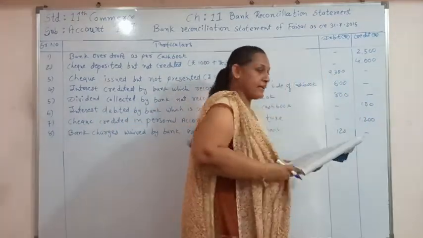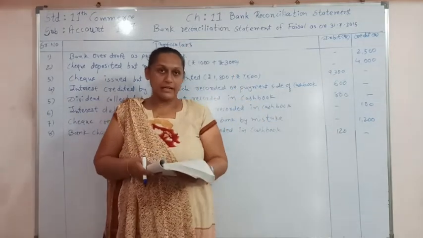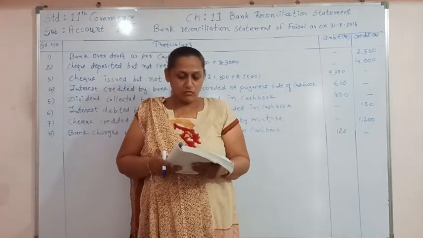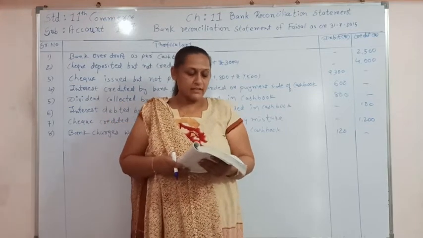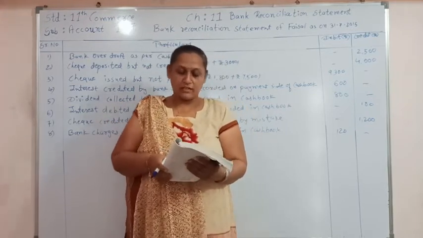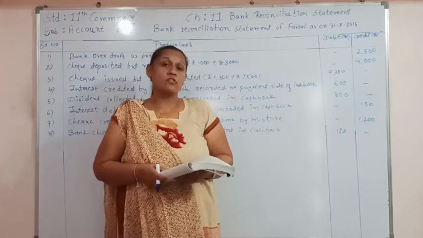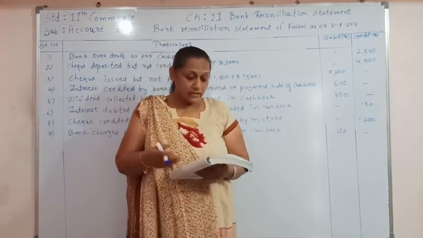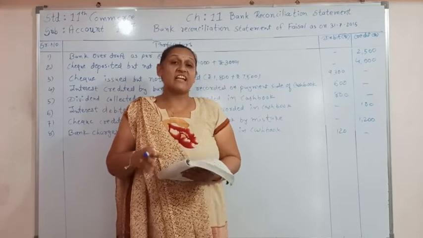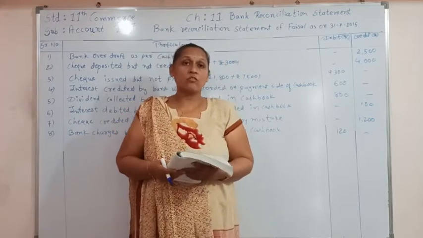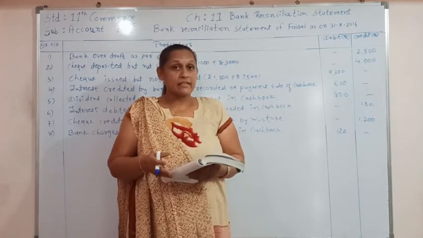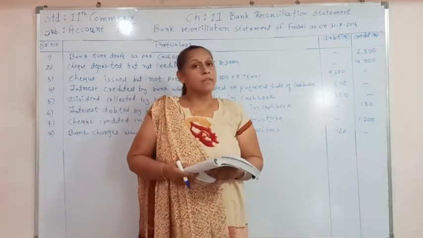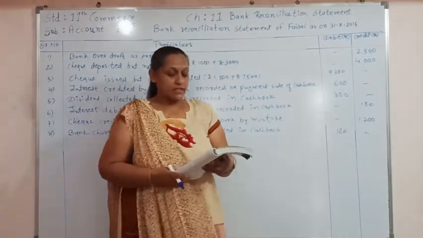Now let's see transaction number 9. Check of rupees 3000 drawn but signature on the same is forgotten and check is returned by bank to Faisal. So here check is not recorded in the passbook. That check was already recorded in the cash book on the credit side, which is not debited by the bank. So here we have to debit it.